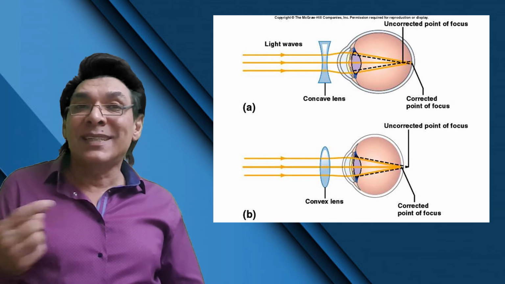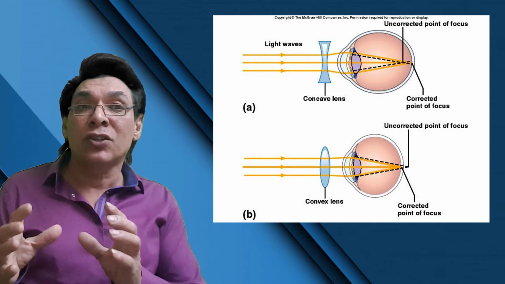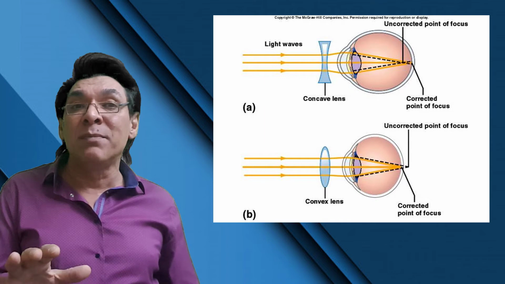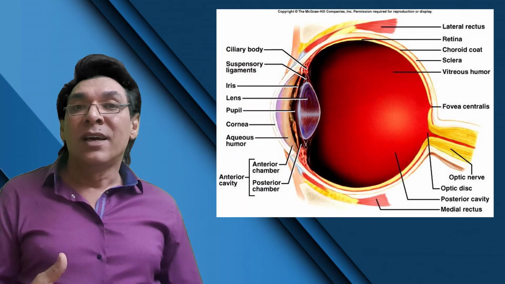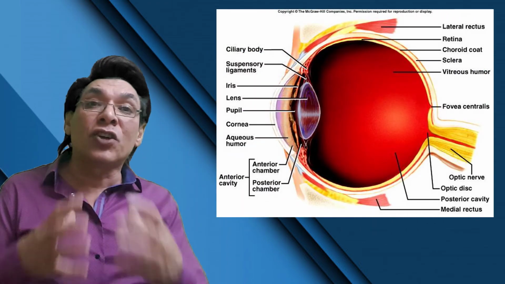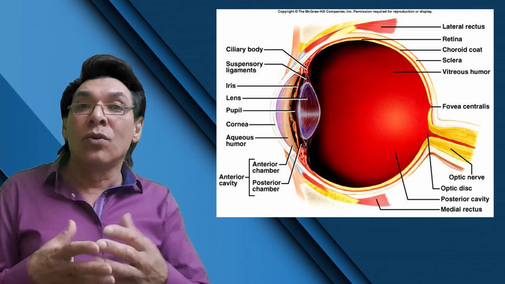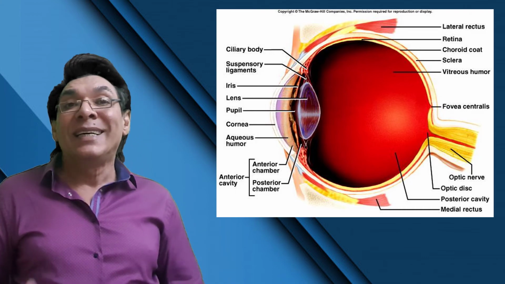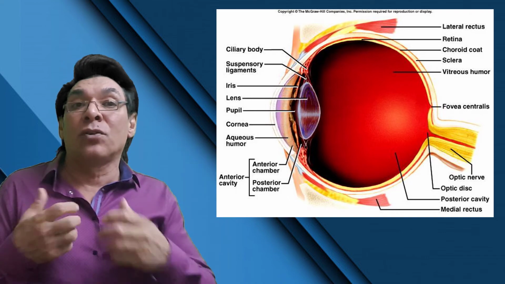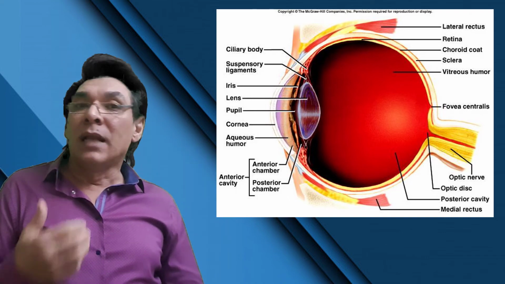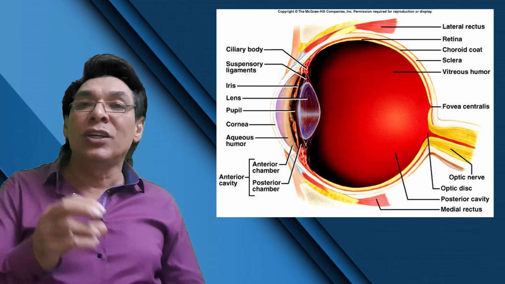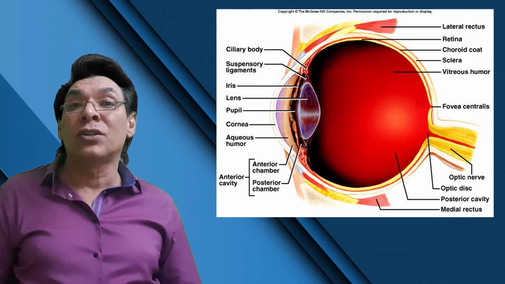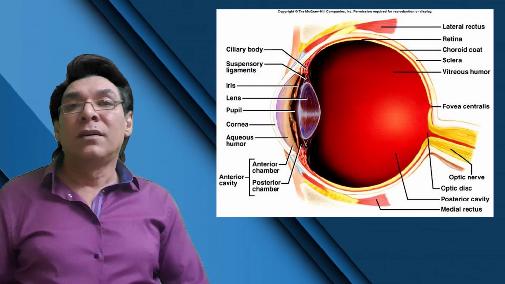The first step in visual transduction is absorption of light by a photopigment, a colored protein, which then undergoes structural changes when it absorbs light in the outer segment of a photoreceptor. Light absorption initiates a series of events that lead to the production of a receptor potential.